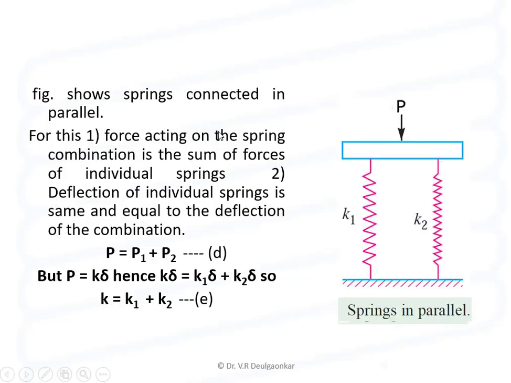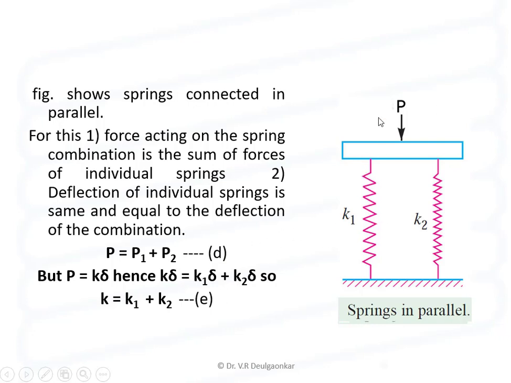Now we will see the stiffness for springs in parallel connection. This figure shows springs in parallel connections. This is K1, stiffness for spring 1, and K2, stiffness for spring 2. From this figure, the force acting on the spring combination is the sum of forces of individual springs, and the deflection of individual springs is the same and equal to the deflection of the combination.